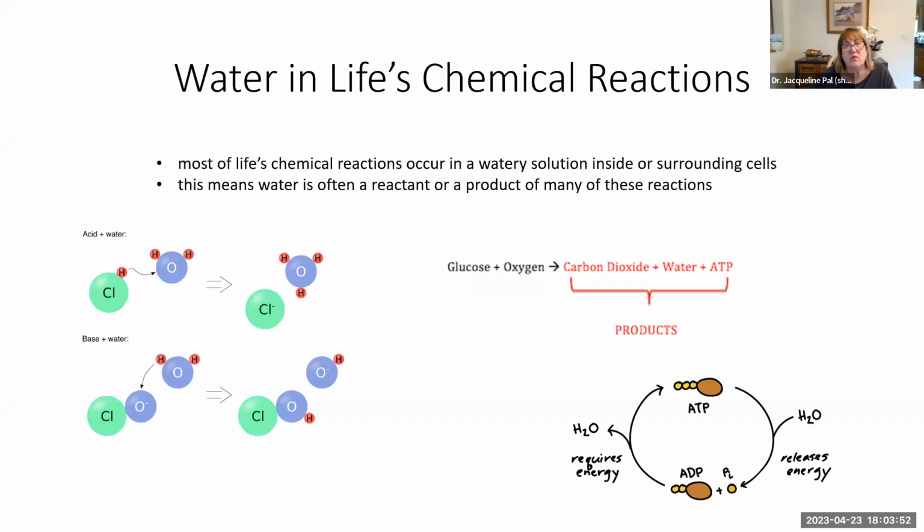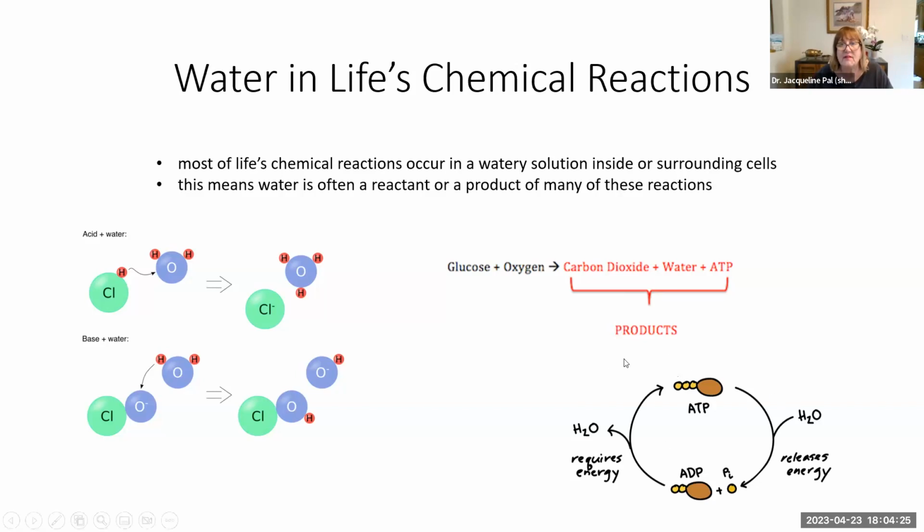And so when we look at the role of water in chemical reactions, most of life is in a watery environment, which means water very often is going to be a reactant. For instance, if we add a positive charge acid with water, or we can have a base where water is going to give up a positive charge, that's going to happen millions of times per day in your blood as your blood tries to keep the pH normal.